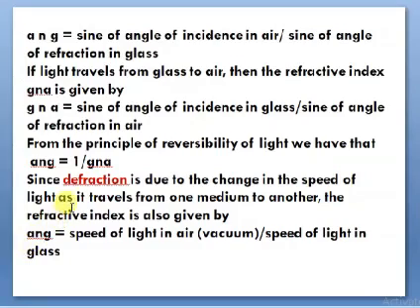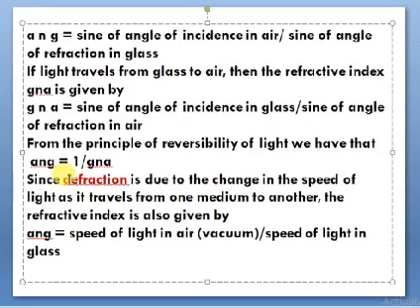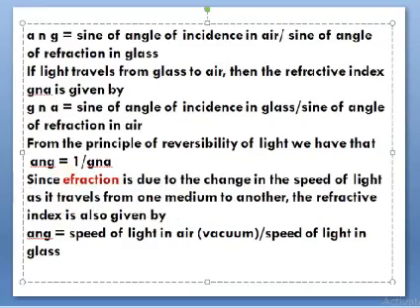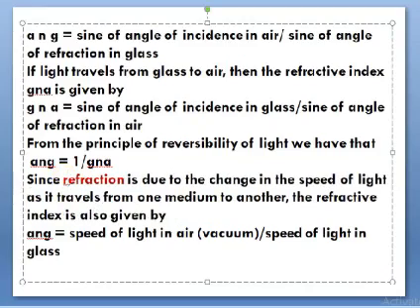Now, since refraction is due to a change in the speed of light, whenever the ray is refracted, there is a change in the speed of light as it travels from one medium to another.